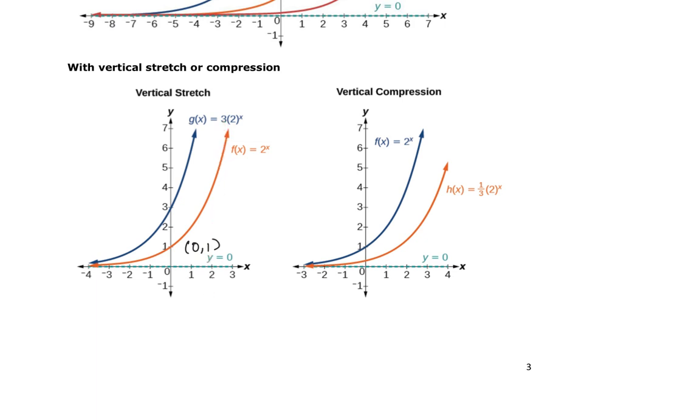So this 0, 1 goes to the point 0, 3, because I have to multiply my y values by 3. Similarly, if I start at 0, 1 and I have a compression of 1/3, this point then becomes 0, 1/3, because I'm going to multiply my y values by that a out front, which is the stretch or the compression in the vertical direction.